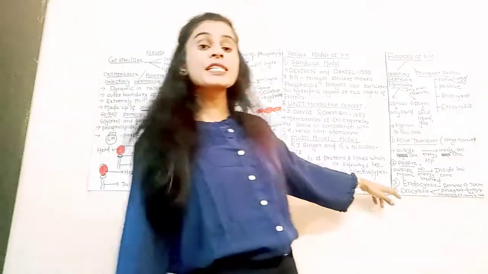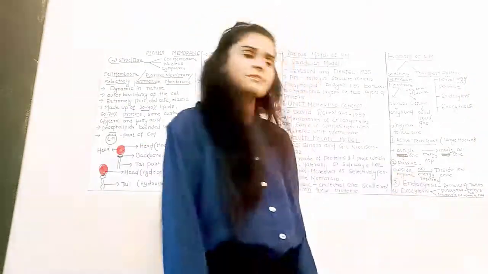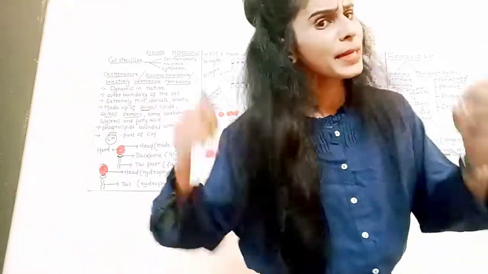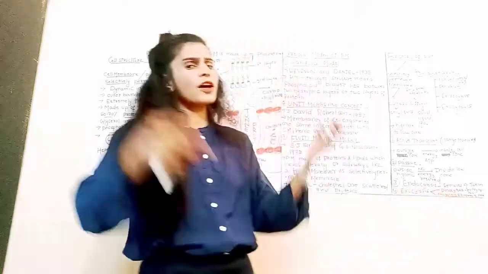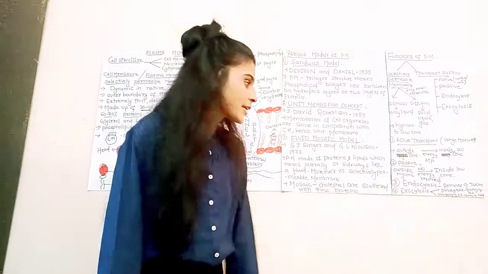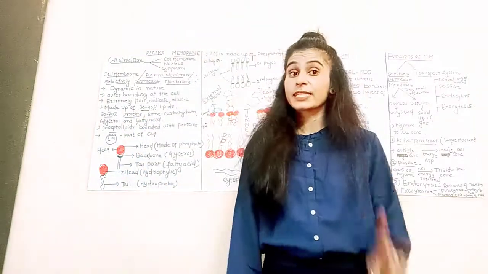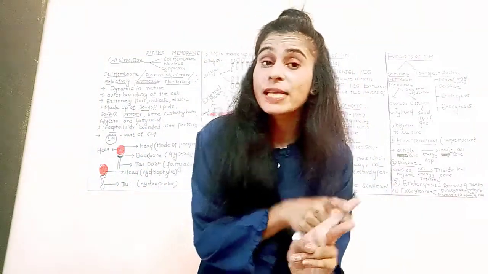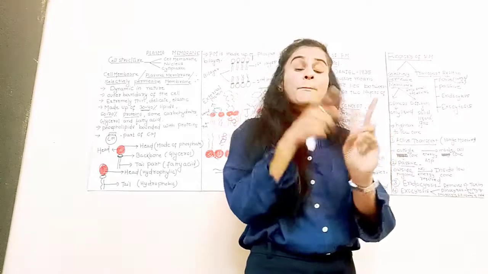And the third one is endocytosis. Endocytosis means nothing but removal of the waste products or toxins from the cell. And exocytosis is of two types, pinocytosis and phagocytosis.